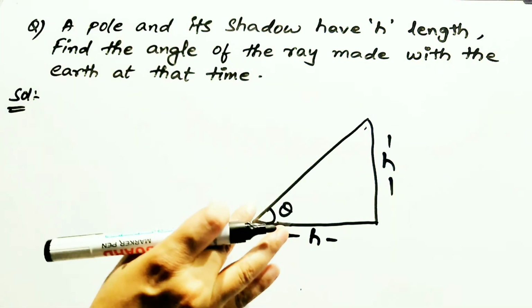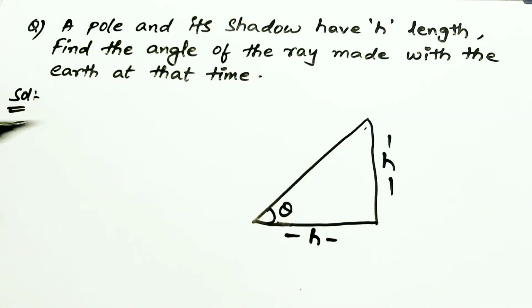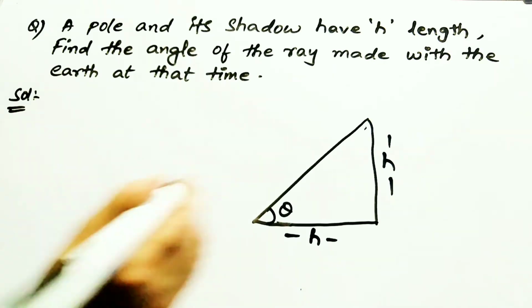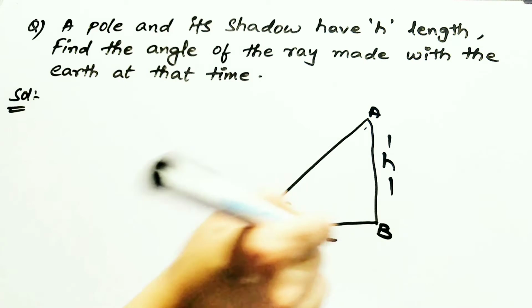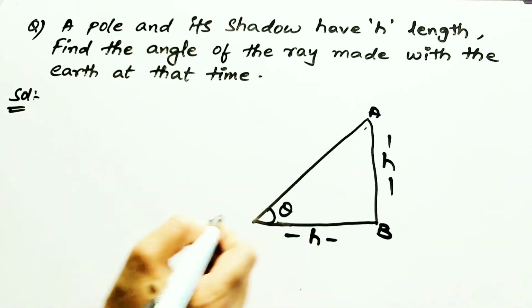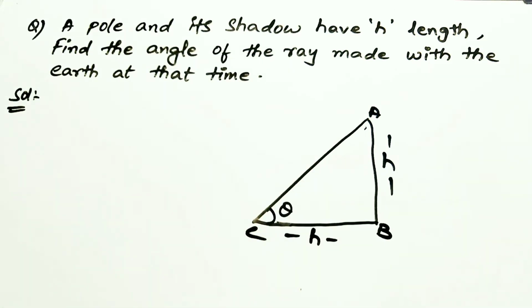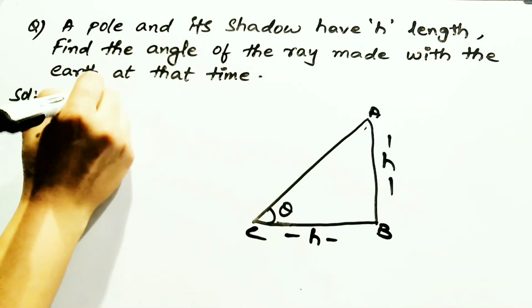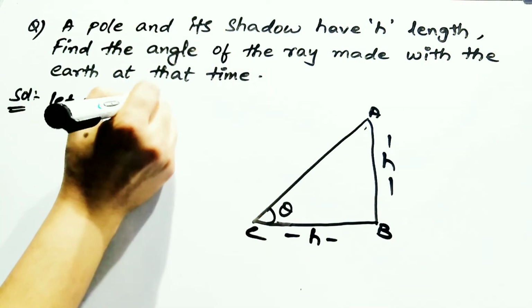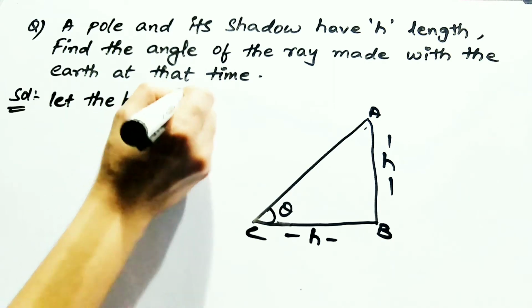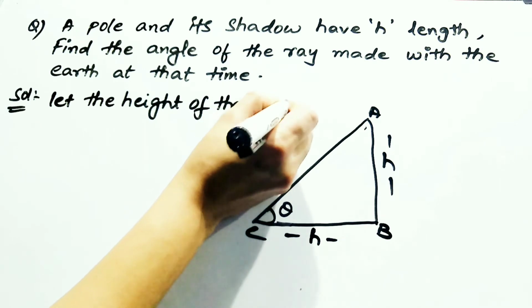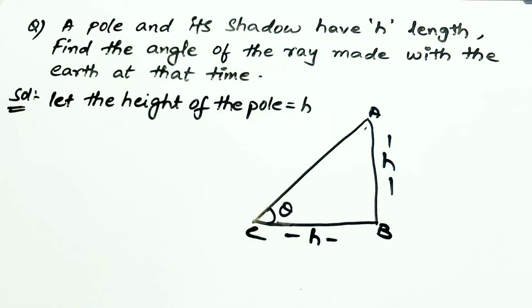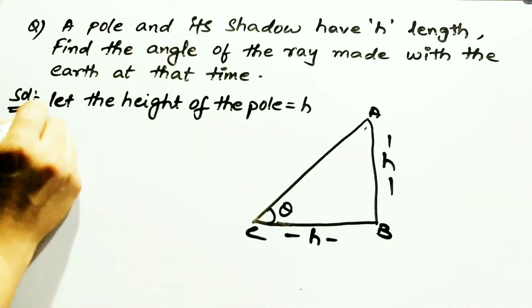What we have to find out is the angle of the ray made with the ground at that time. Take the right angle triangle as A, B and C. Let the height of the pole be equal to h.